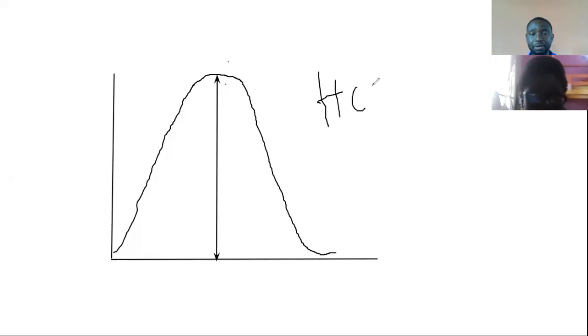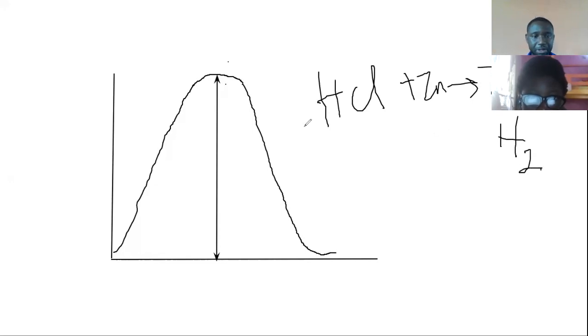Let's see the reaction. When acids are reacted with zinc, HCl plus zinc, it should give us zinc chloride and hydrogen gas. Hydrogen gas should be evolved.